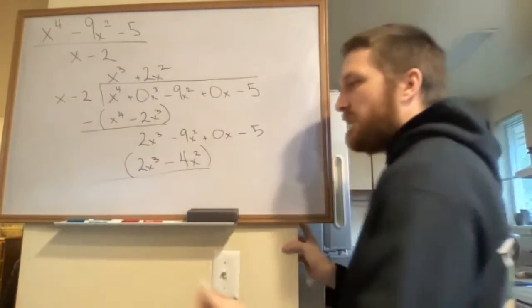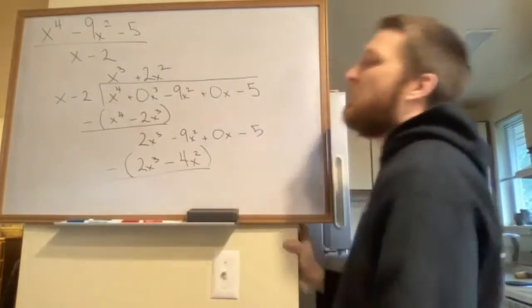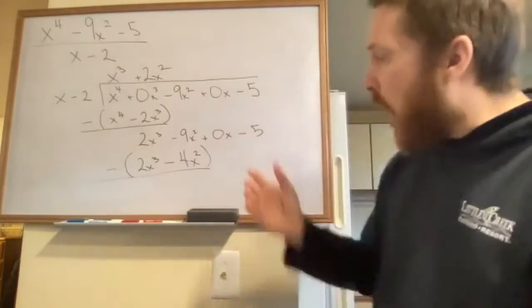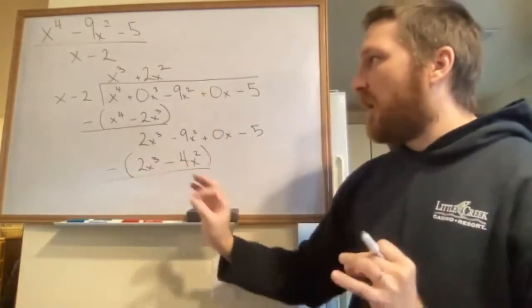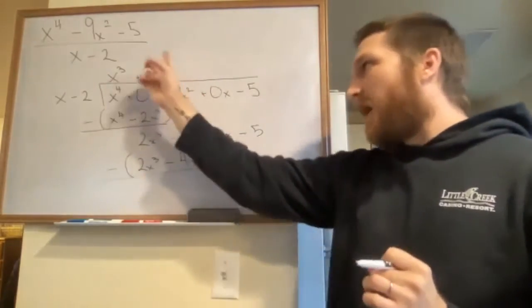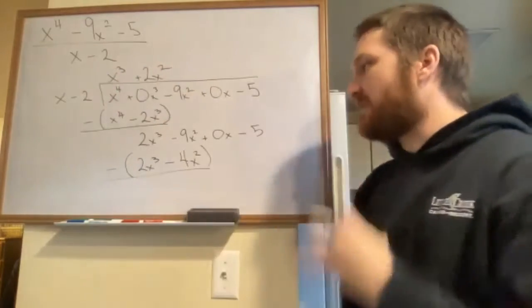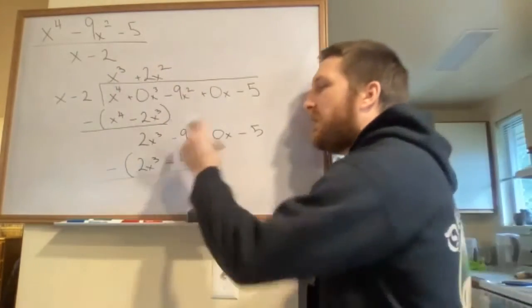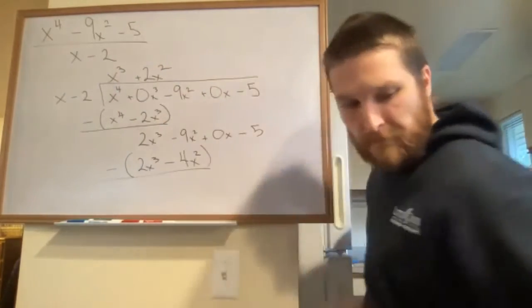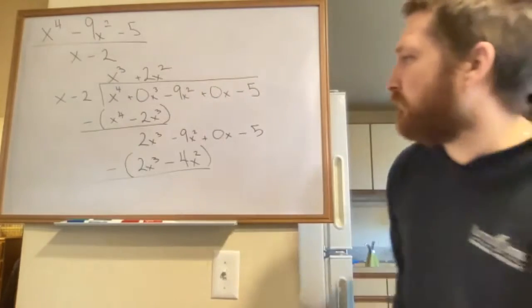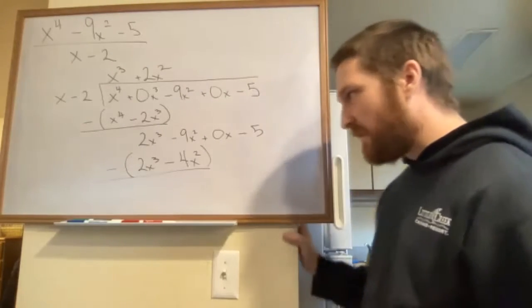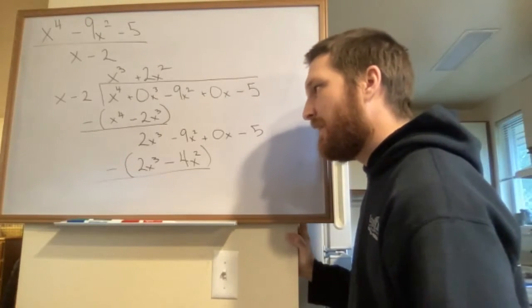Now when I subtract it off, I can see, yes, the 2x cubed and the 2x cubed are gone. And so now I can feel confident that, yes, indeed, I did write the correct thing there. That's nice. So now what do I get here? You get minus 5x squared.